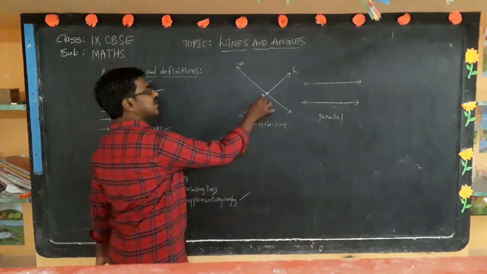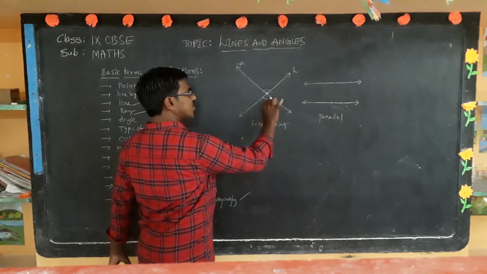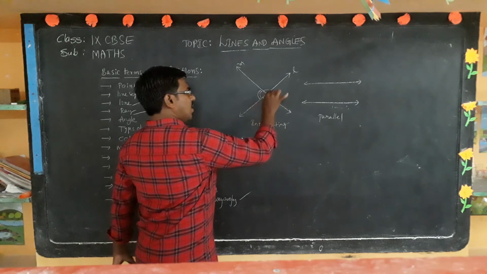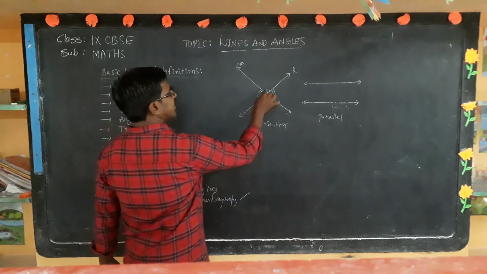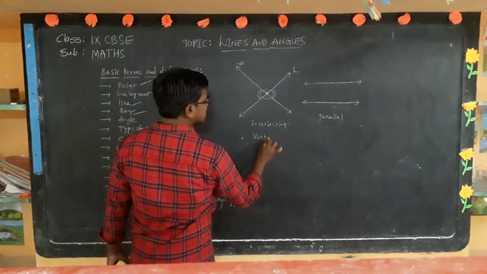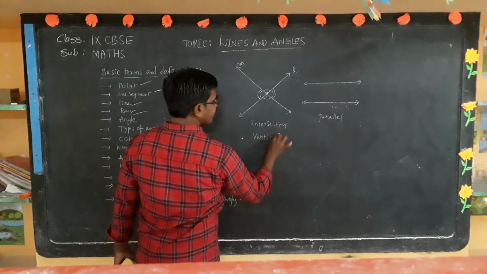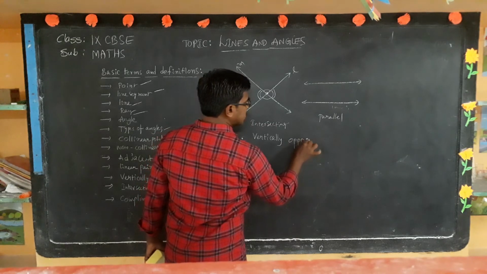If two lines intersect each other, the angles so formed opposite to each other are called vertically opposite angles.